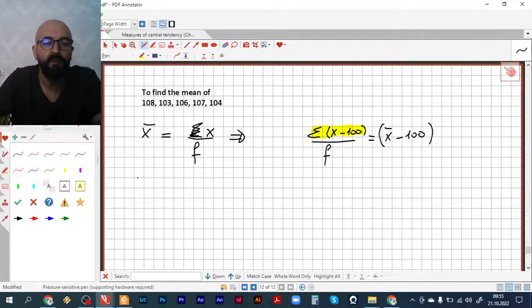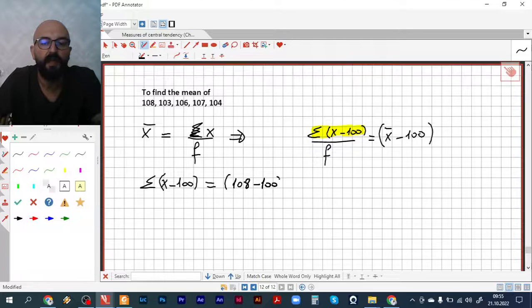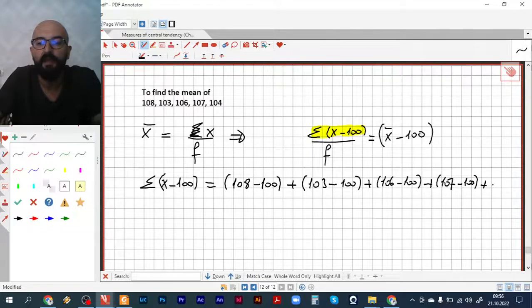For example, the sum of all x minus 100 means 108 minus 100 plus 103 minus 100 plus 106 minus 100 plus 107 minus 100 plus 104 minus 100. And I want to arrange these processes differently.